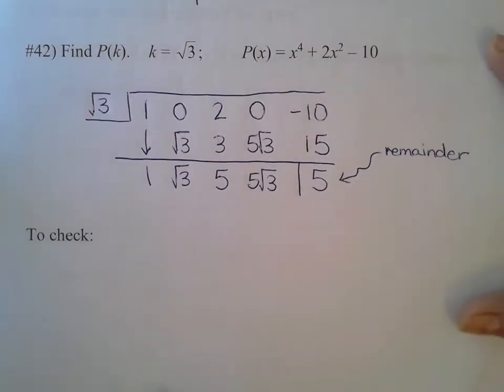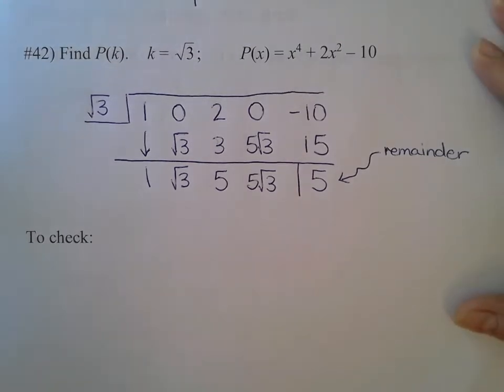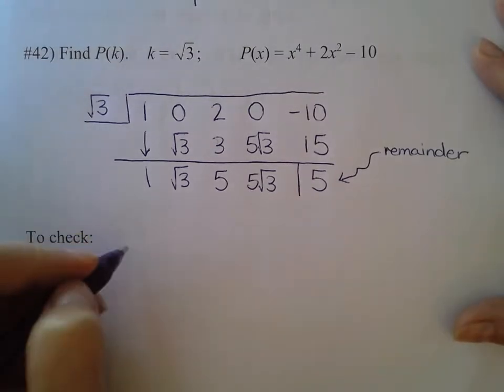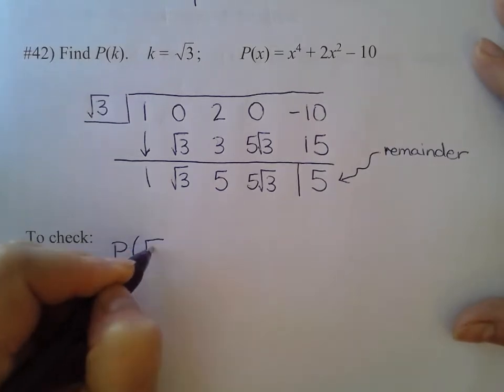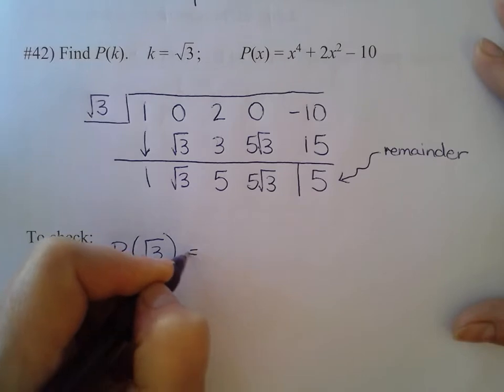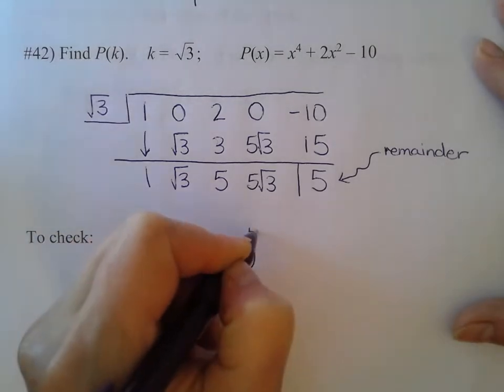All right, so if you don't believe that this remainder theorem works, you could check yourself. Okay, so let's do that. So let's just see if this is true. If I plug in the square root of 3, let's do that and see if I get 5.